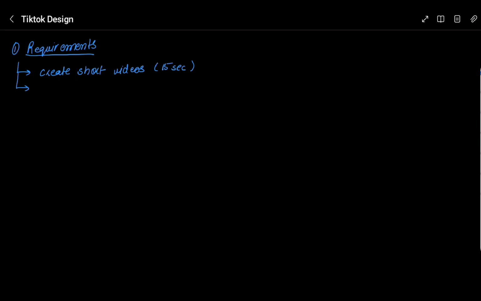The second requirement would be the engagement part of the videos. By engagement, I mean liking a particular video, commenting, sharing, all that stuff. We can also include reporting over here.